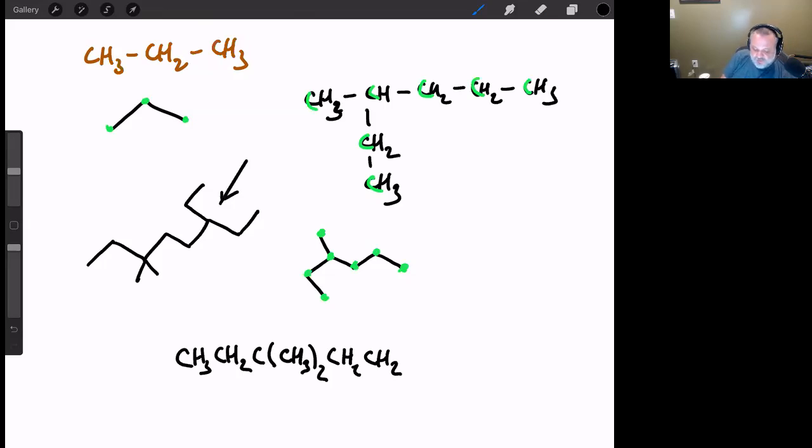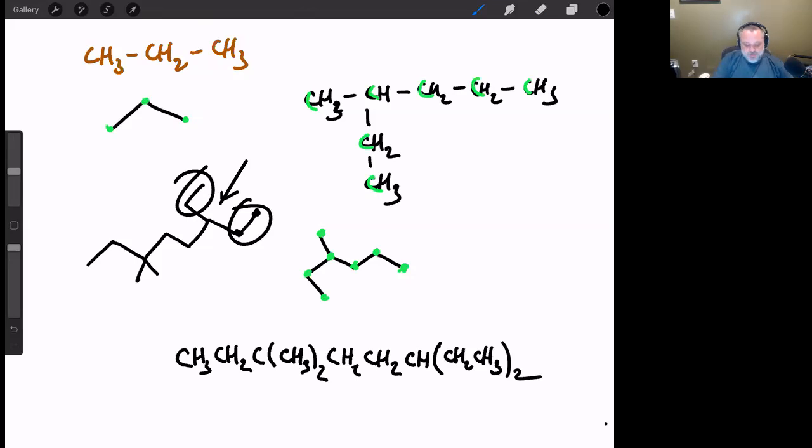How many bonds are shown? Only 3 bonds to carbon are shown, so that means there's another bond to a hydrogen, so that's a CH group. And then what is it connected to? It looks like I've got a CH2, CH3, and there's 2 of them.